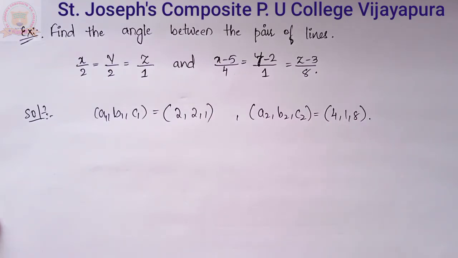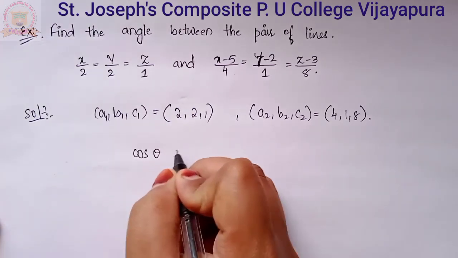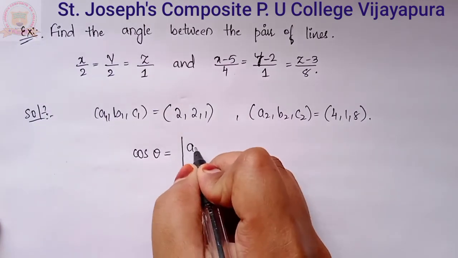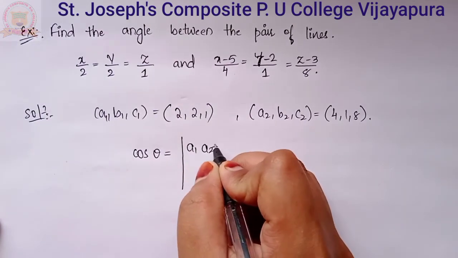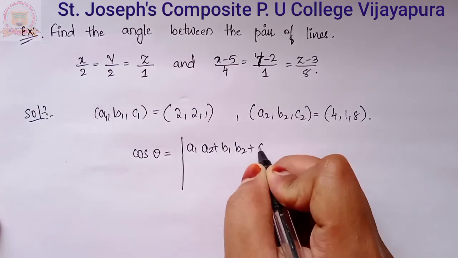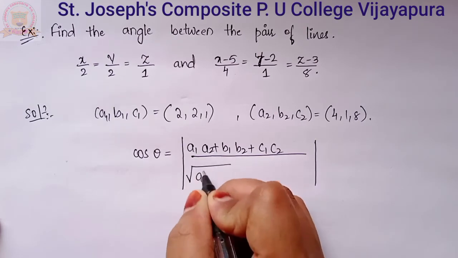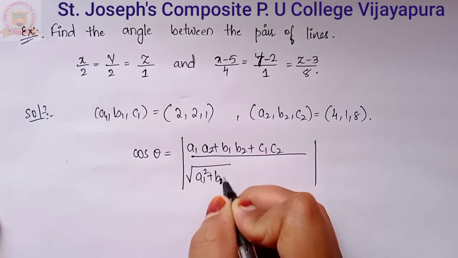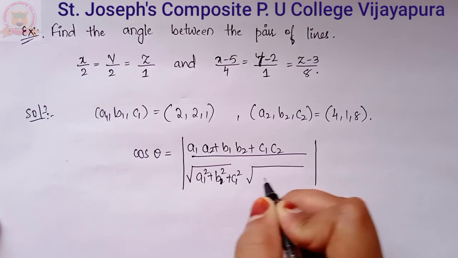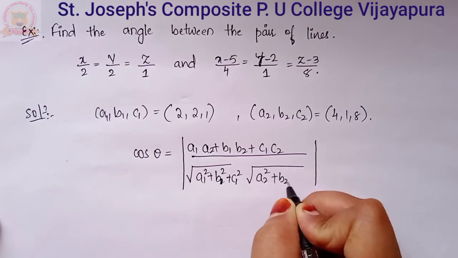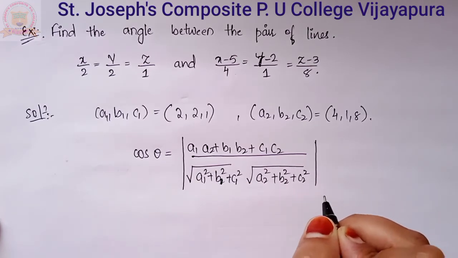And also we know that the angle between two lines in Cartesian form is given by the formula cos theta is equal to mod of a1 a2 plus b1 b2 plus c1 c2, whole divided by root of a1 square plus b1 square plus c1 square into root of a2 square plus b2 square plus c2 square.